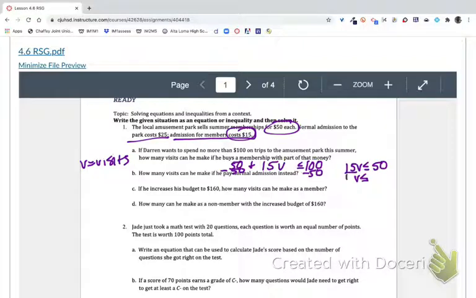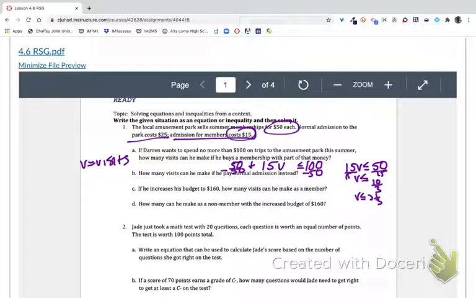Then it is a matter of dividing by 15 on both sides. 50 divided by 15 gets me 10/3, which means v is less than or equal to 3 1/3, which really means you can't go a third of a time.